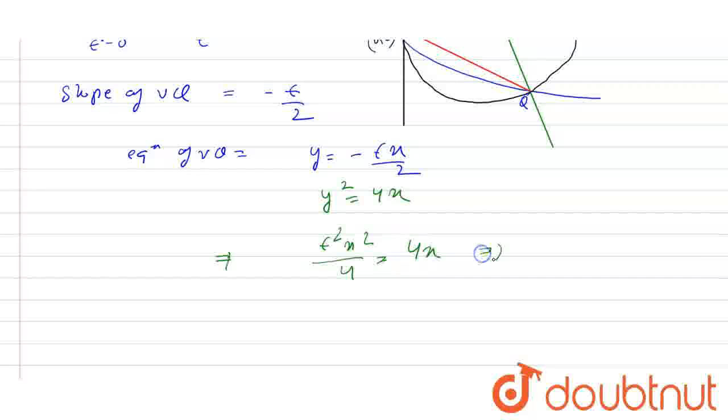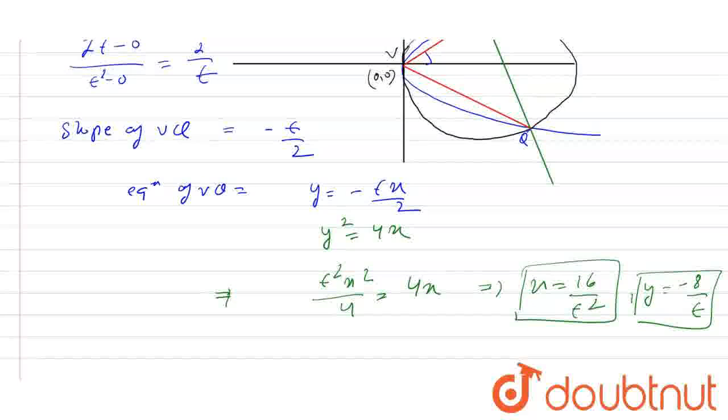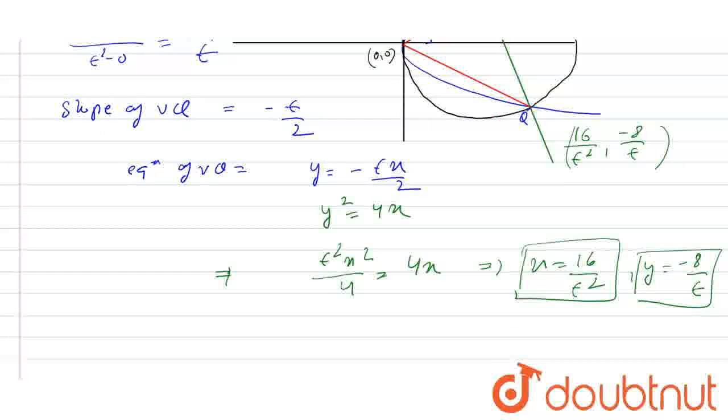So x is equals to 16 upon t square, so putting this value here, we get y is equals to minus 8 upon t. So this is the coordinate of point Q, that is 16 by t square comma minus 8 upon t.